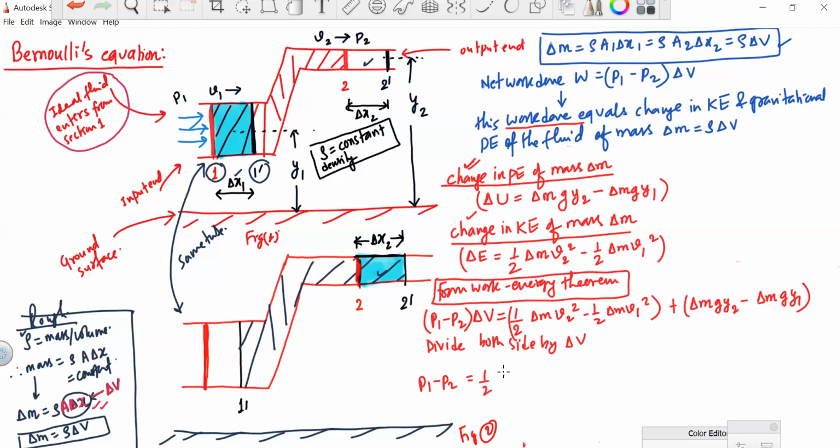Okay, half delta m by delta v v2 square minus half delta m by delta v v1 square plus delta m by delta v g y2 minus delta m by delta v g y1.